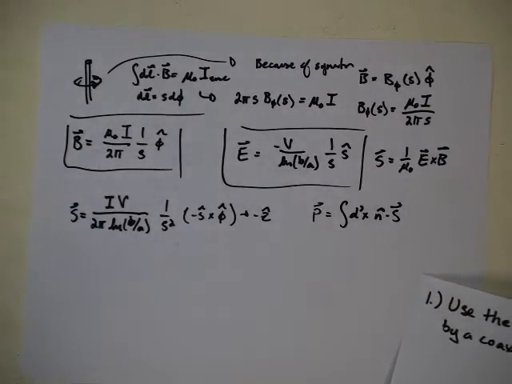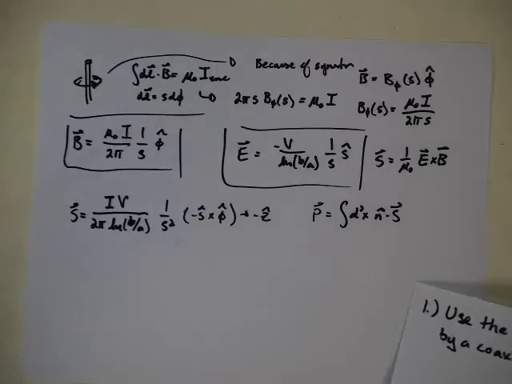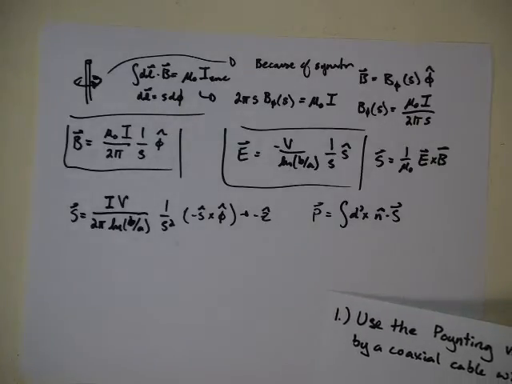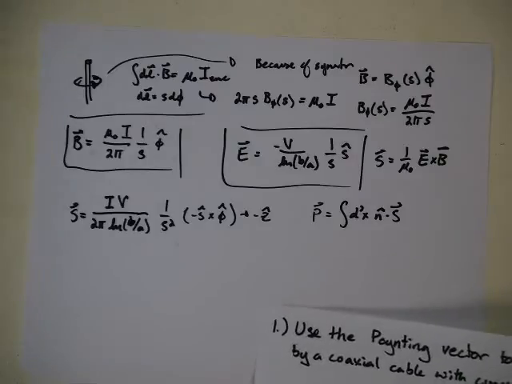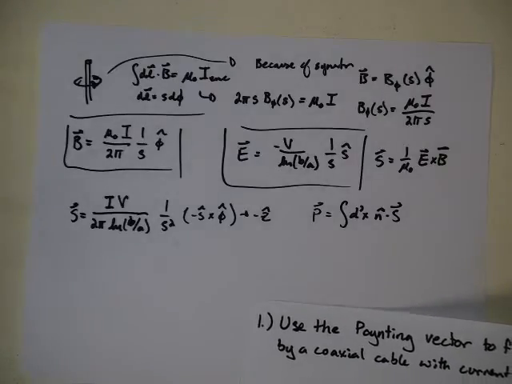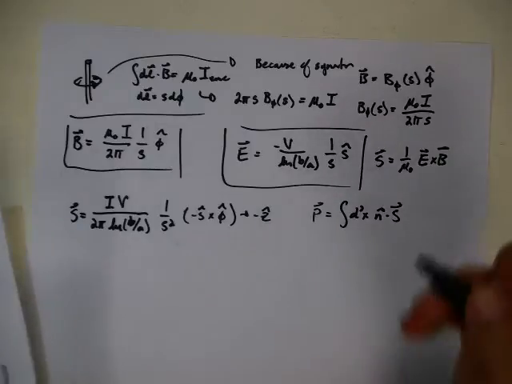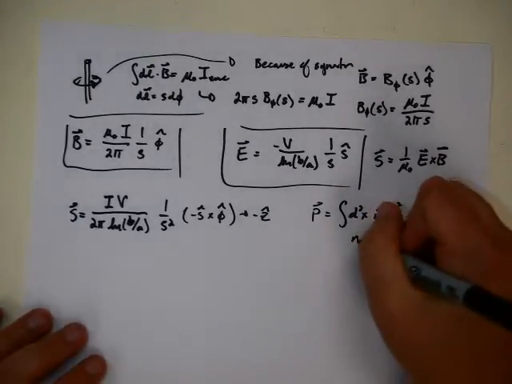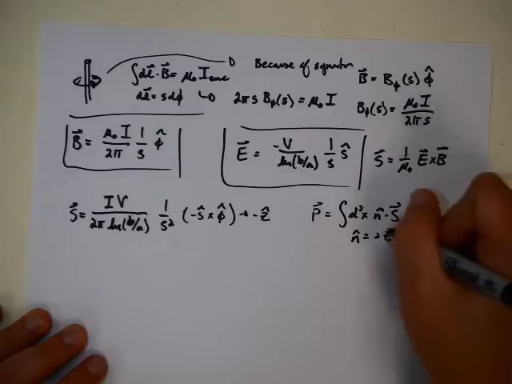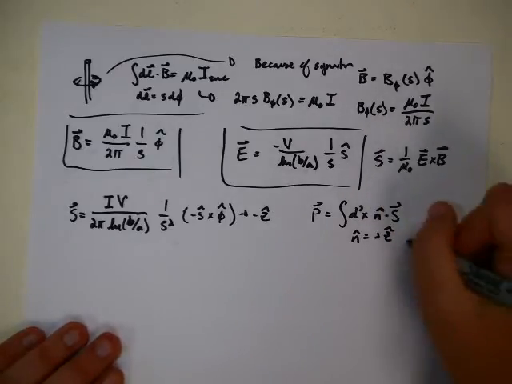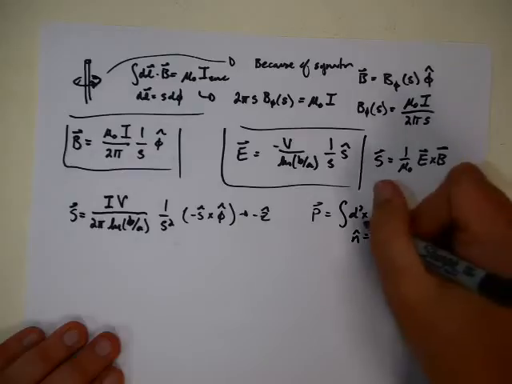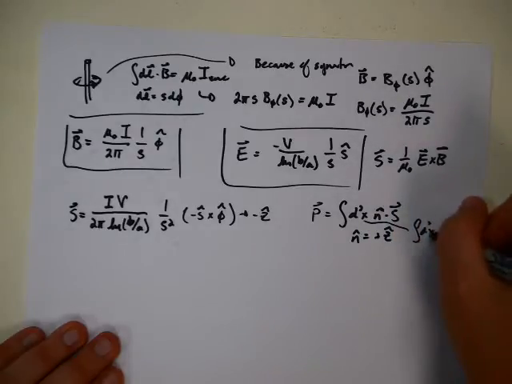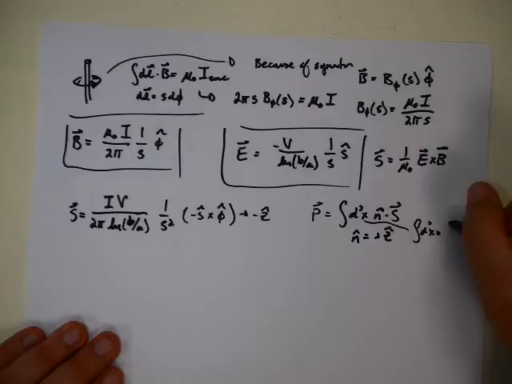We'll say that the n hat is equal to the plus z hat direction for now, and our integral d2x is going to be an integral from 0 to 2 pi of d phi, and an integral from a to b of s ds.